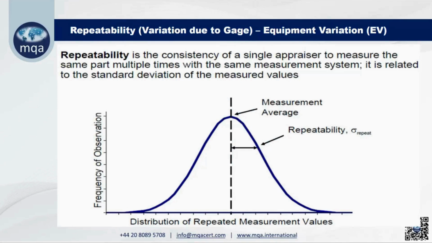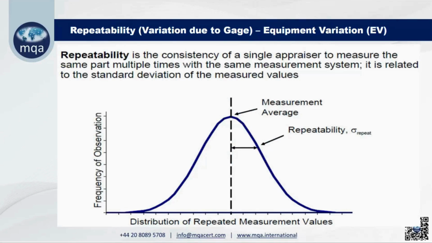When the same operator is measuring the same part with the same instrument again and again, suppose I am measuring the diameter of a bar, even if I measure at the same place, with the same instrument, in the same way, I will get different readings. Sometimes 10.03, sometimes 10.04, 10.05, 10.01. So there will be variation. That is called equipment variation.